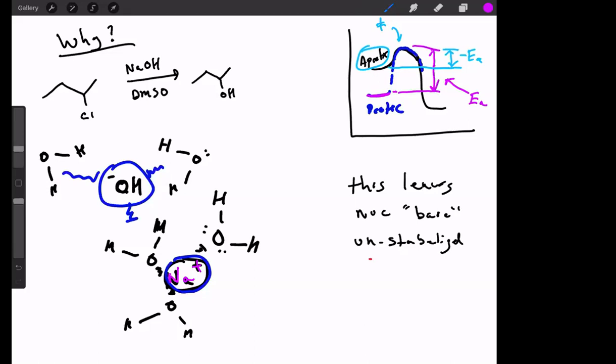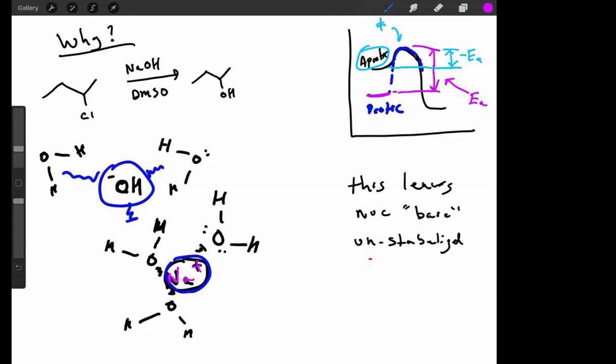And so this is a situation where, up until this point, we've been saying to ourselves, stability is good. Stability is something that is good. In this case, when I'm thinking about an Sn2 reaction, the extra stability brought about by a polar protic solvent makes the reaction unfavored.